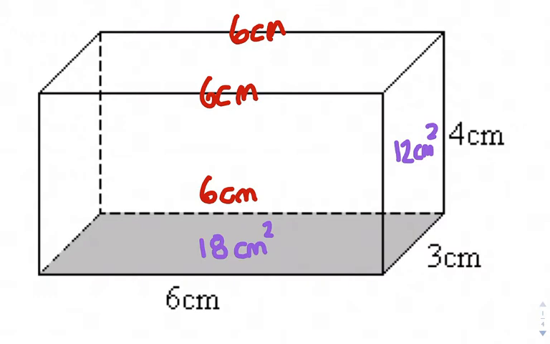Well, the height is 4, so anywhere I see a vertical line, that's where I'm going to put 4 centimeters. So back here is 4 centimeters, and up here is 4 centimeters. Next to the width is 3. So anytime I see a slanted line going back, that would be your 3. So now that I have each side labeled, I can figure out the rest of it.